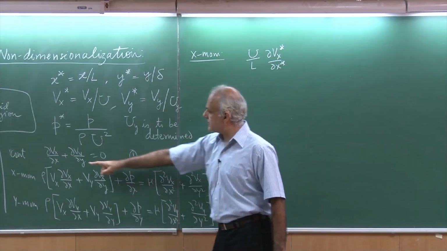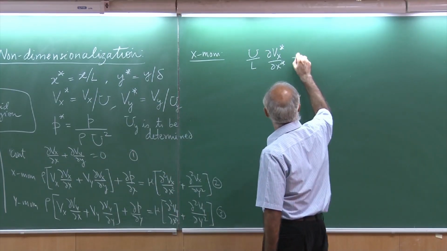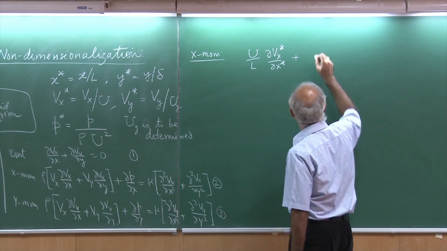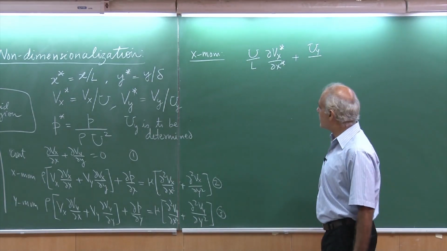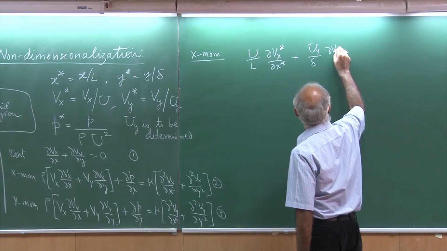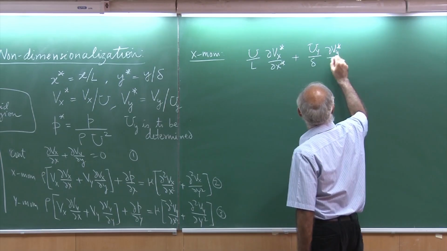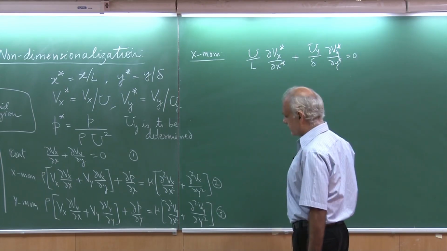That's my first term. And now I come to the second term. So for Vy, I am using Uy as my characteristic speed, and for the y I am using delta. So this becomes del Vy star by del y star equal to 0.